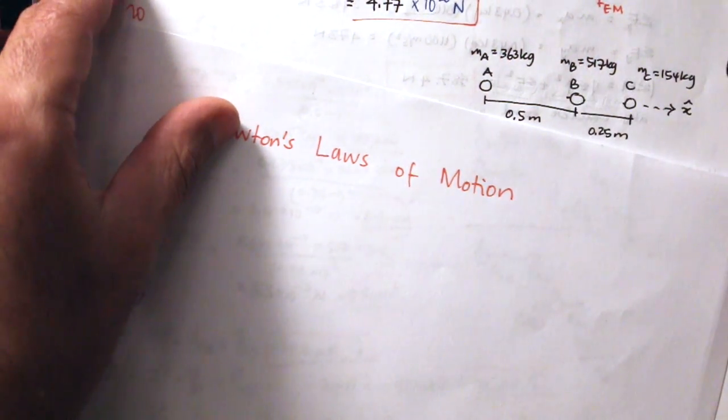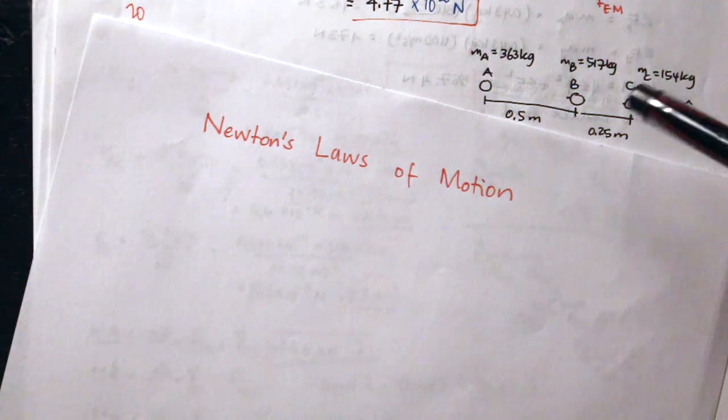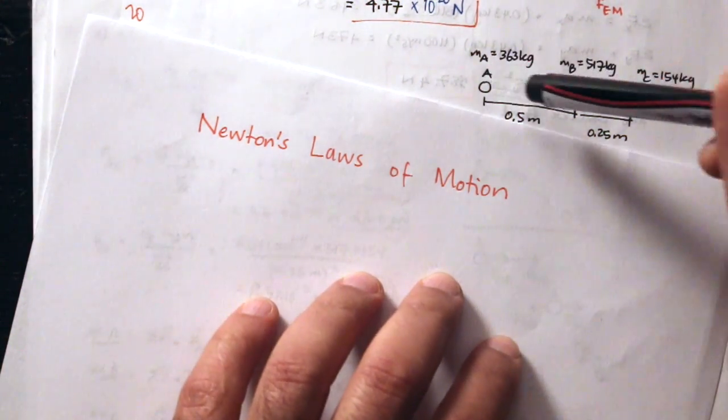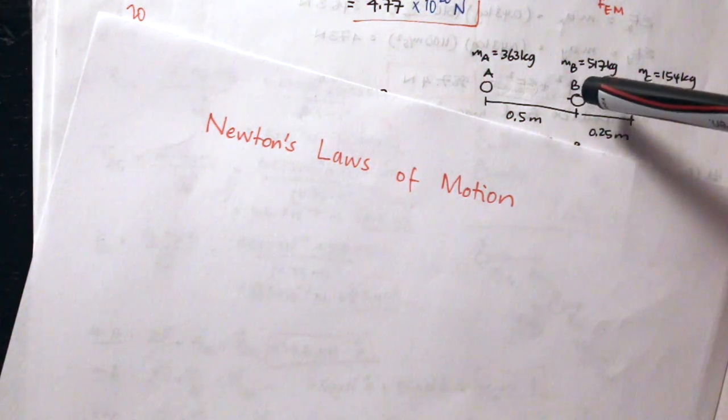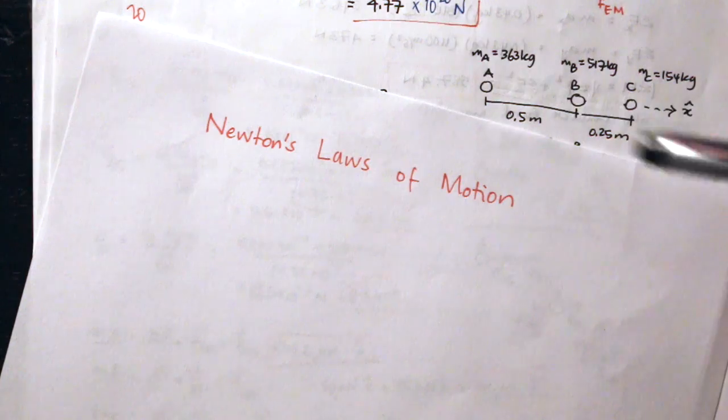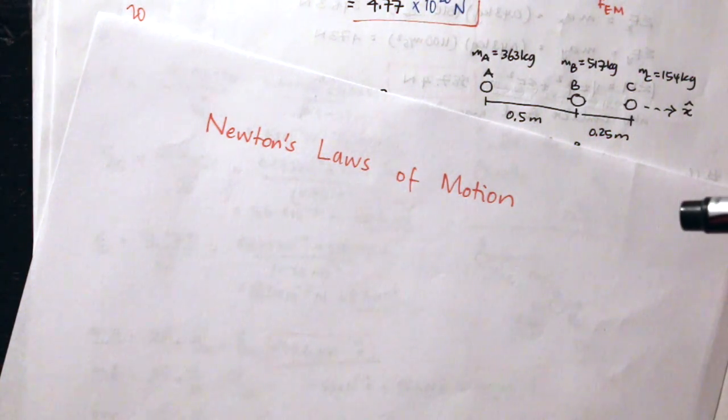And the way I like to do this problem is I like to isolate each two masses and then look at the force that they exert on each other, and then look at each mass individually and figure out what the net force is.